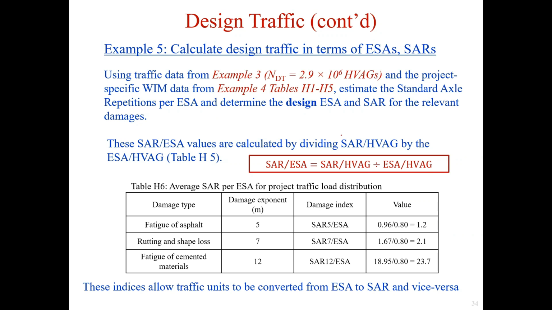If we divide SAR over HVAG by ESA over HVAG, then we get the SAR over ESA values as shown in table H6. So if we know the values of the damage index, we could convert the traffic units from ESA to SAR or the other way around.